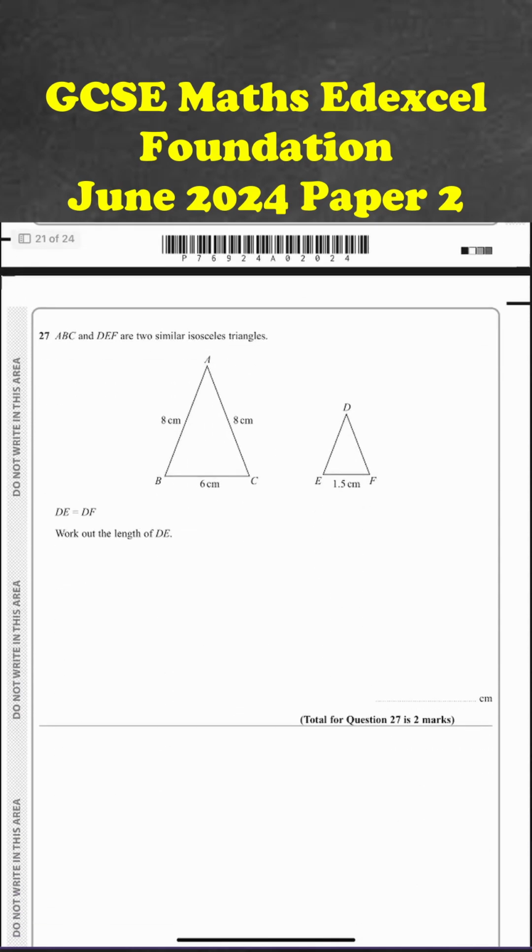Question number 27. ABC and DEF are two similar isosceles triangles. DE equals DF. Work out the length of DE. They're similar triangles, which means the angles are all going to be the same. We can see 6 is 4 times bigger than 1.5, so we can say that ED is 4 times smaller than AB.